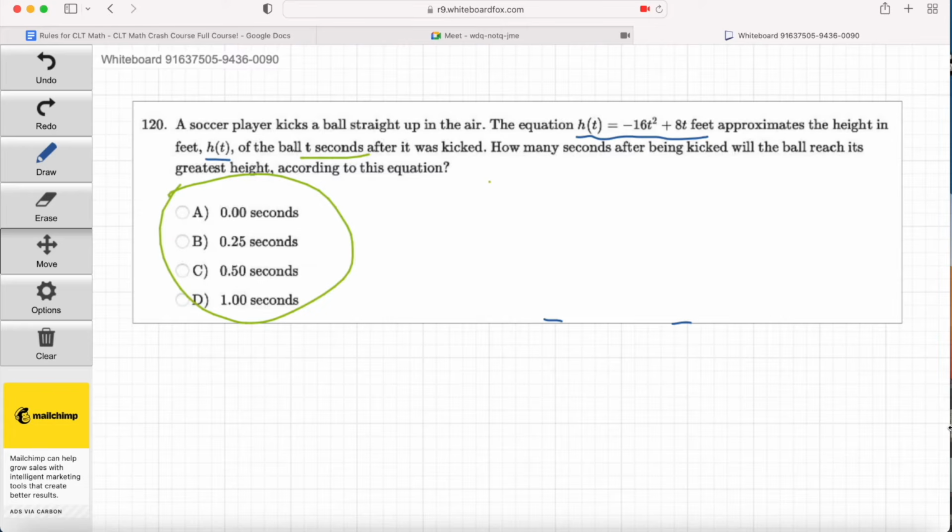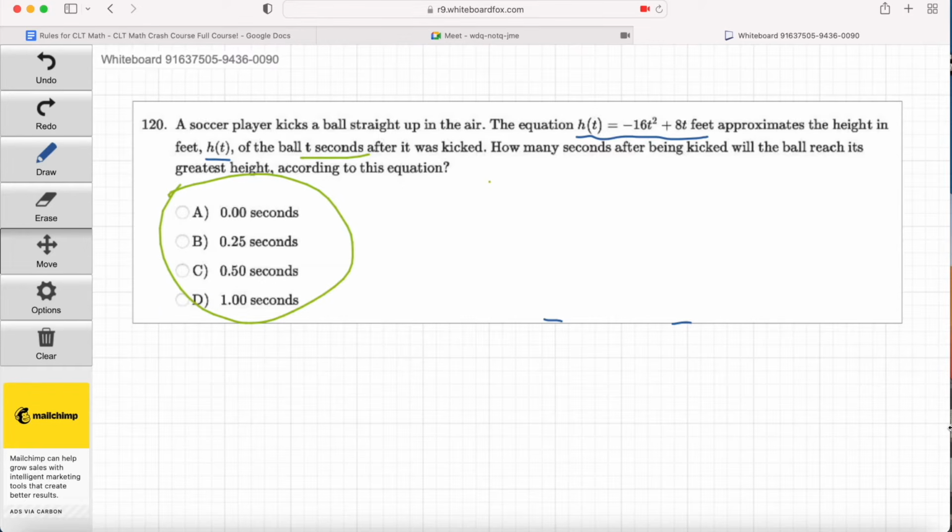That's all we need to do, is plug them into the function for t, and then we'll see which gives us the greatest height. That's it. I think the trickiest part here, besides understanding how functions work, is just doing some arithmetic because we've got decimals. We might turn them into fractions. We'll see here in just a minute. But that's all we're doing. We're plugging those t values from the answer choices into the function, seeing which gives us the greatest height. Does that make sense? Yes.